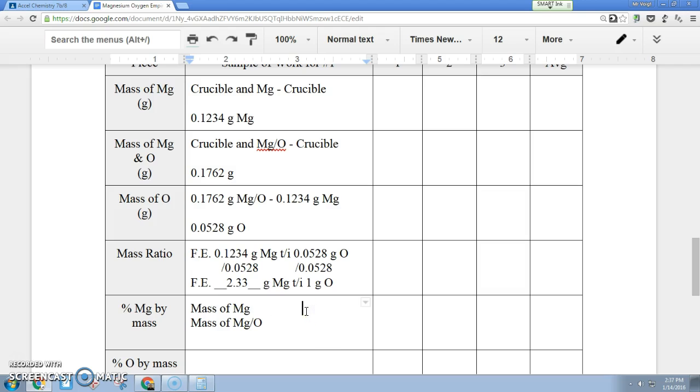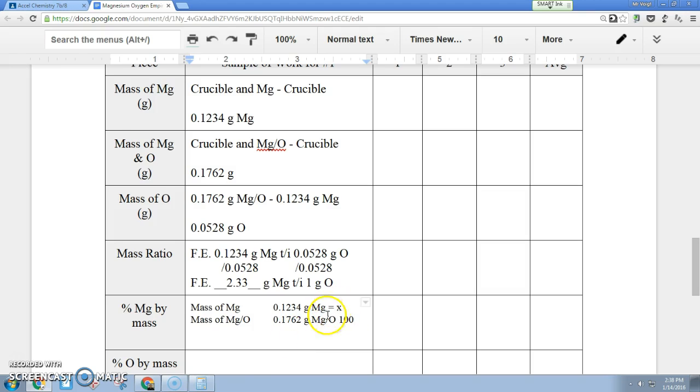So therefore, this needs to be 0.1234 grams of magnesium over 0.1762 grams, that was the total thing, equal to X over 100.